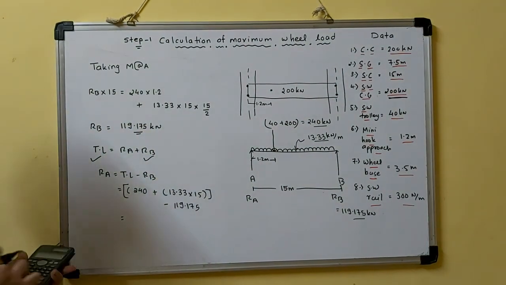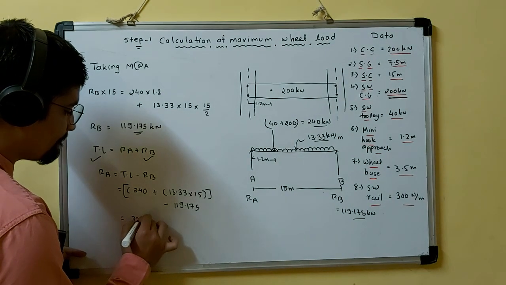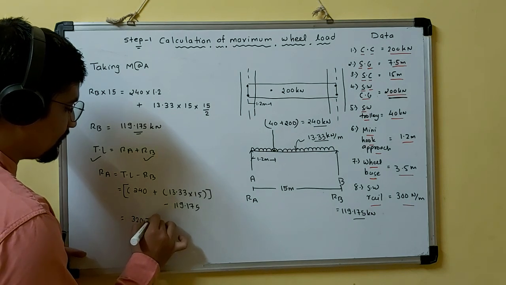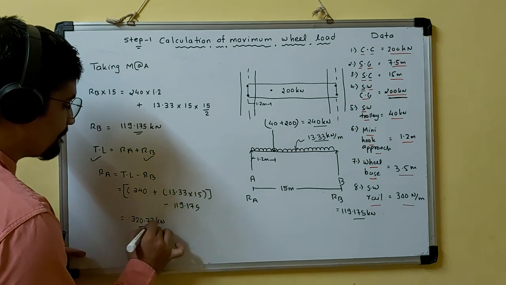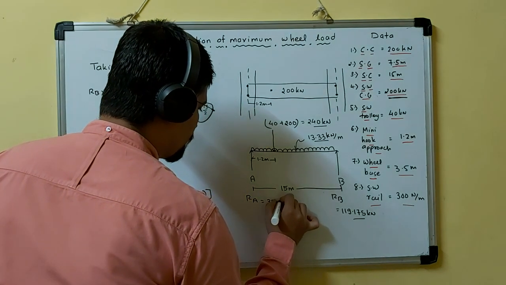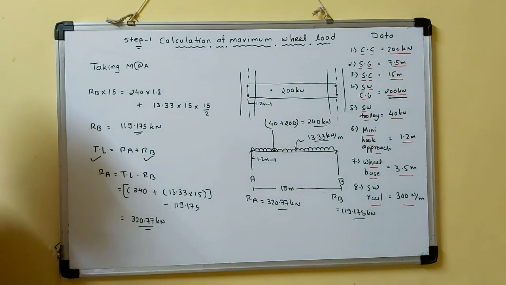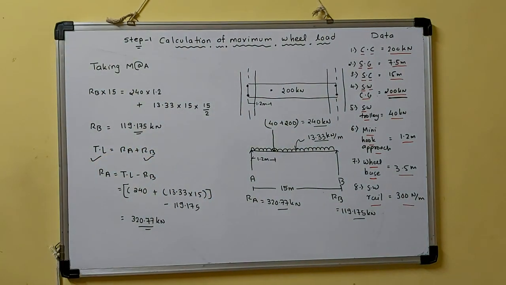RA will be 320.77 kilonewton. Have you understood this? That's how we get the values of RA and RB.